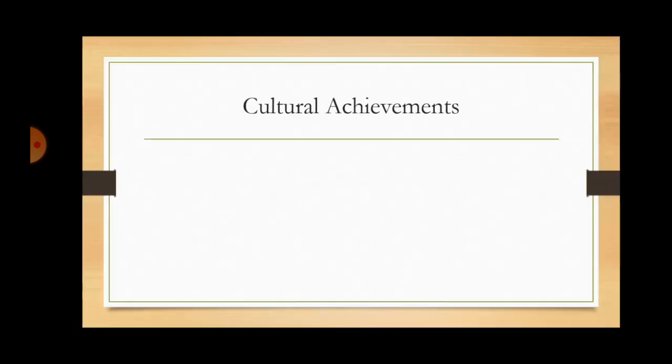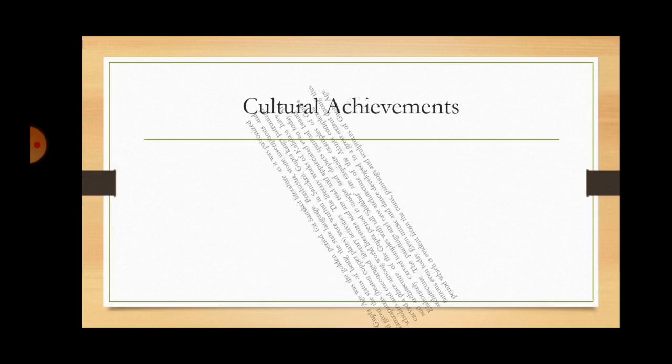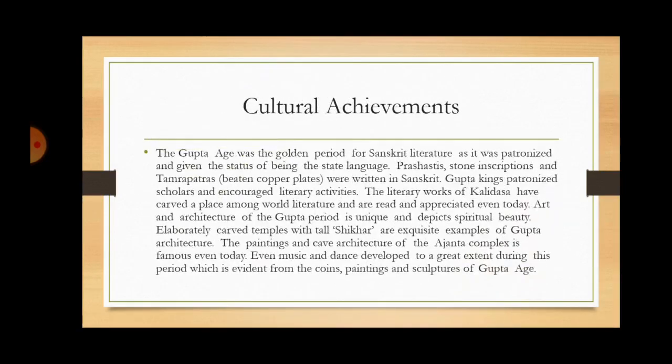Cultural achievements. The Gupta age was the golden period of Sanskrit literature and it was patronized, given the status of being state language. Art and architecture of Gupta period is unique and depicts spiritual beauty. The paintings and cave architecture of the Ajanta complex is famous even today.